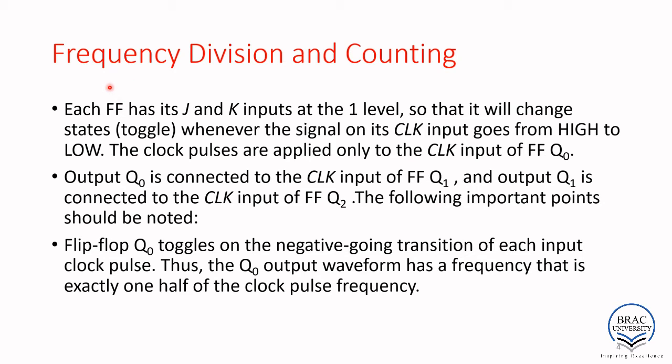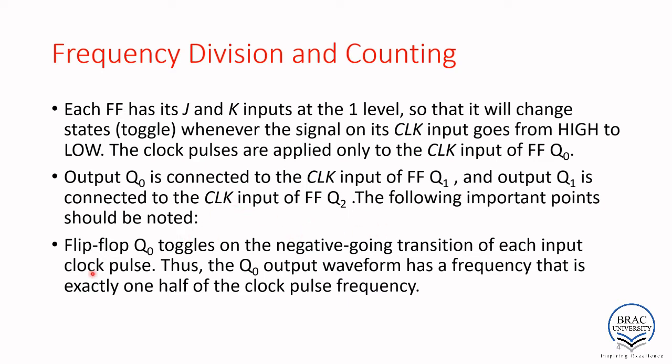First, the frequency division. What we already discussed is that if we connect the flip-flop J and K inputs with high or level 1, then it will change state, or toggle, whenever the signal on its clock input goes from high to low, if we consider it negative edge triggered. Q0 is connected to the clock input of Q1, and Q1 is connected to the clock of Q2.